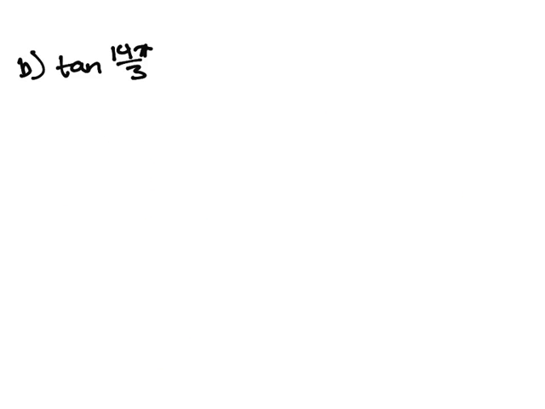What if I give you tangent of 14 pi over 3? 14 pi over 3 is not between 0 and 2 pi. So before I can find my reference angle, first we need to find a coterminal angle between 0 and 2 pi.